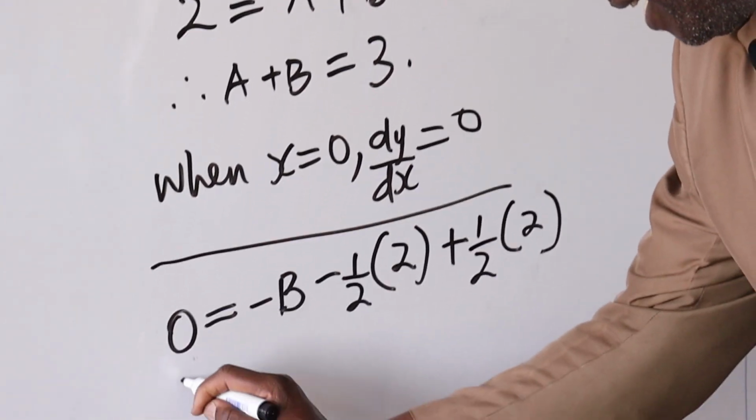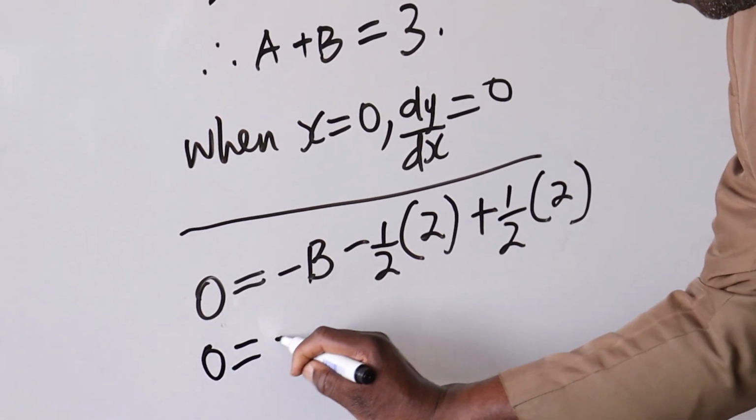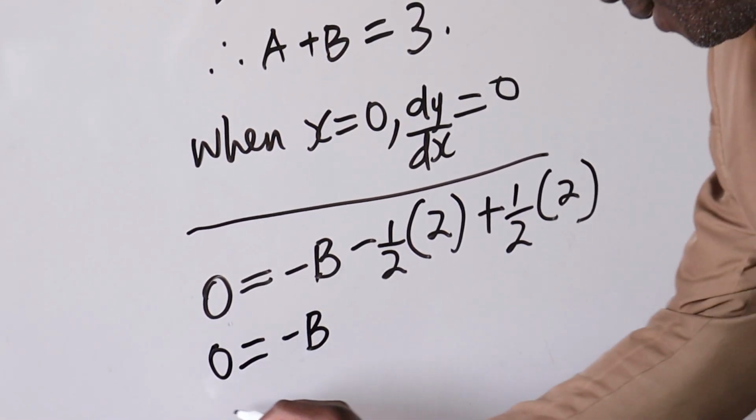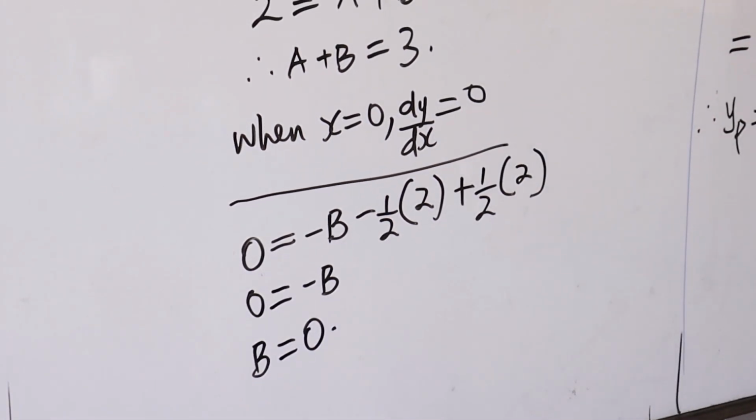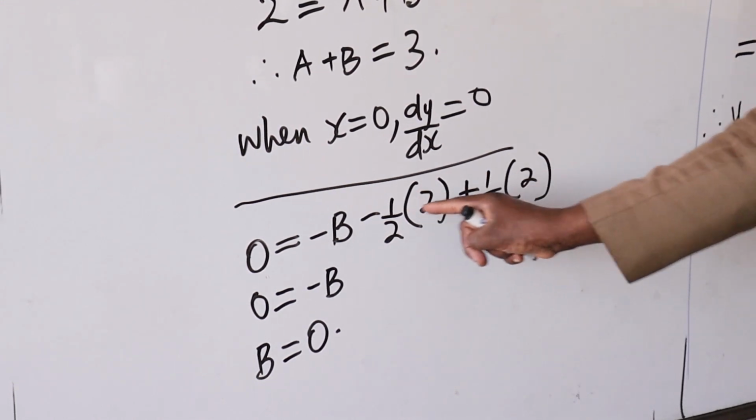So we can see here 0 is equal to minus b. So b is equal to 0, because this one will cancel that.